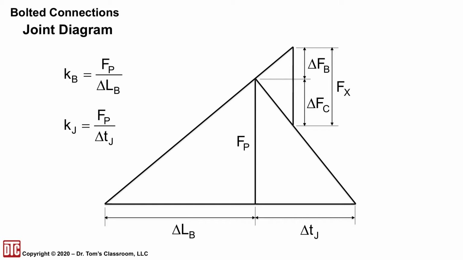So what you have here is K sub B is F sub P, that vertical from the base up to the vertex, divided by delta L_B, the distance on the left, and then on the right divide by delta L_J to get K sub J. And the way that triangle works out up there, F sub X is the sum of the two. One is the load carried by the bolt, delta F_B, and delta F_C is the amount carried by the members. Okay, so that's the best I can do, folks, with trying to correlate this joint diagram.